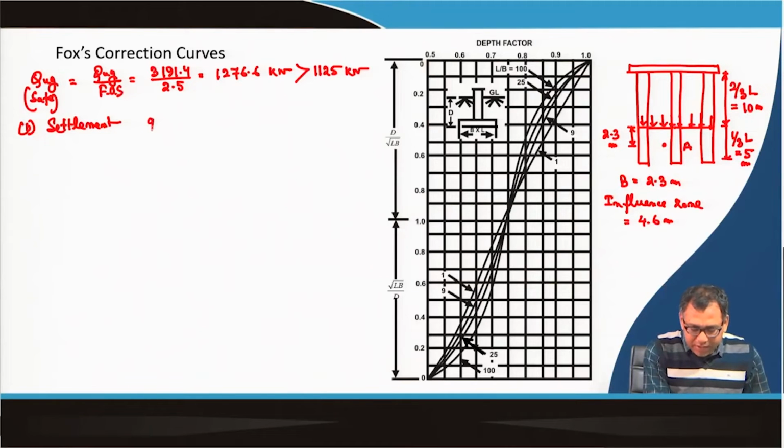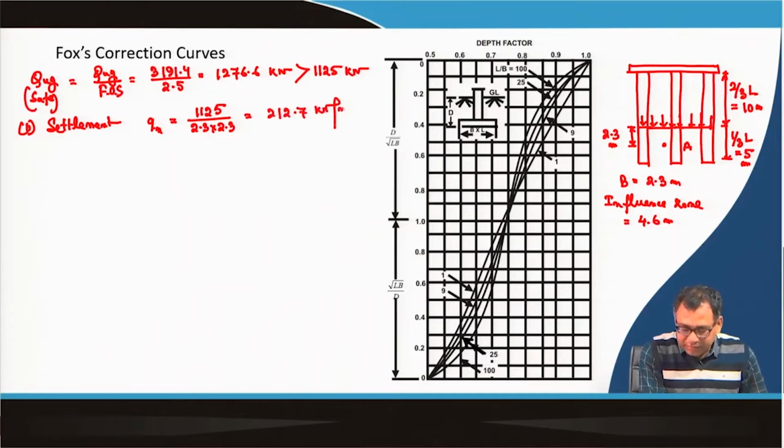So, now the Qn, I mean the net stress which is coming at this level. So, the load is 1125, the dimension of the raft is 2.3 cross 2.3. So, this stress is 212.7 kilonewton per meter square. Okay.